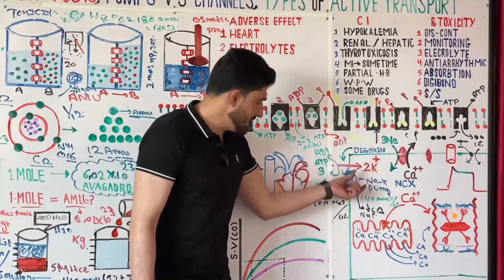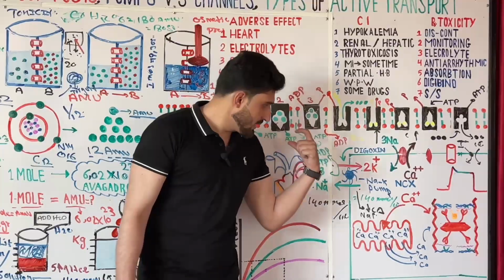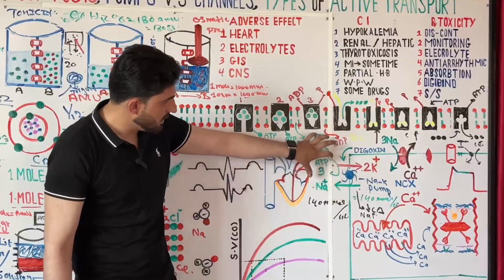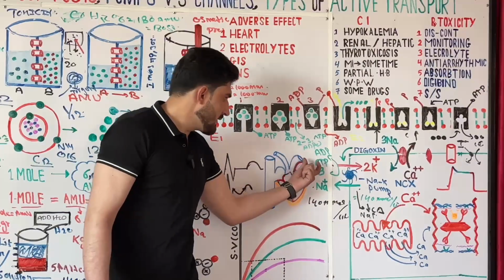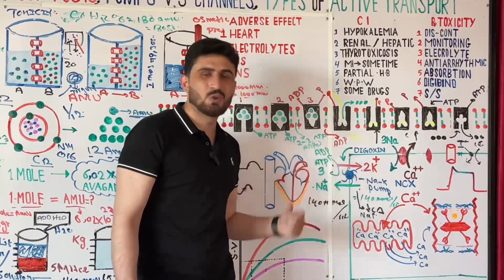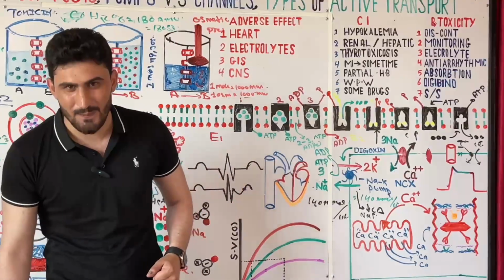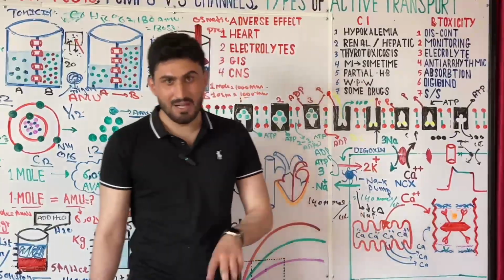Why is this called sodium potassium ATPase? Because this type of pump consists of an enzyme called ATPase enzyme, and this ATPase enzyme breaks down the ATP into ADP, and that's why this is called sodium potassium ATPase.